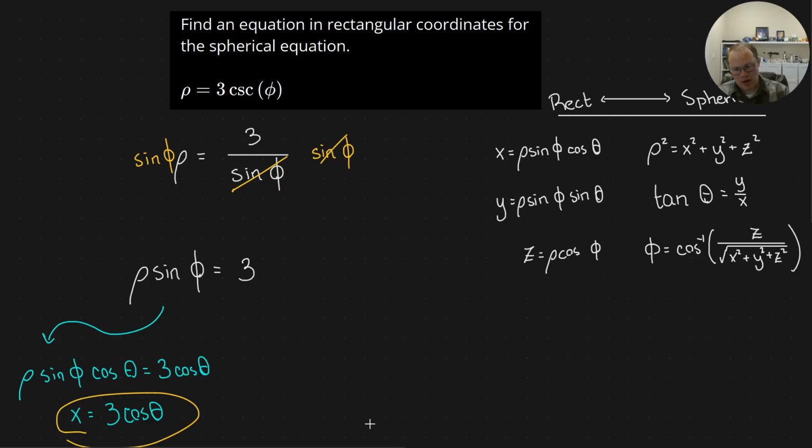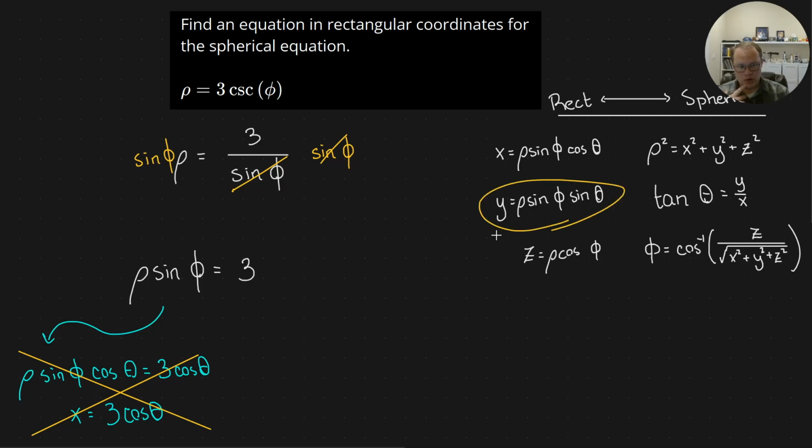I can't have any spare rhos or thetas or phis flying around this equation. So this is a great idea, but unfortunately it just didn't work. And you'll find that the same thing happens if we multiply both sides by sine of theta. The left-hand side, you'd be able to turn into a y, but on the right-hand side, you'd have a sine of theta just floating around that you can't do anything with, right?